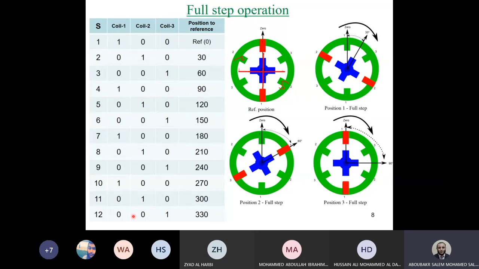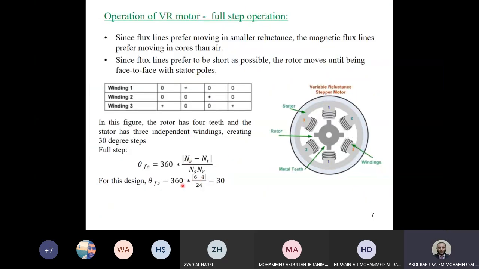Why is it a full step operation? If you apply the relation we already calculated in the previous slide, as you can see, based on 6 stator teeth and 4 rotor teeth, we got a step angle of 30 degrees.